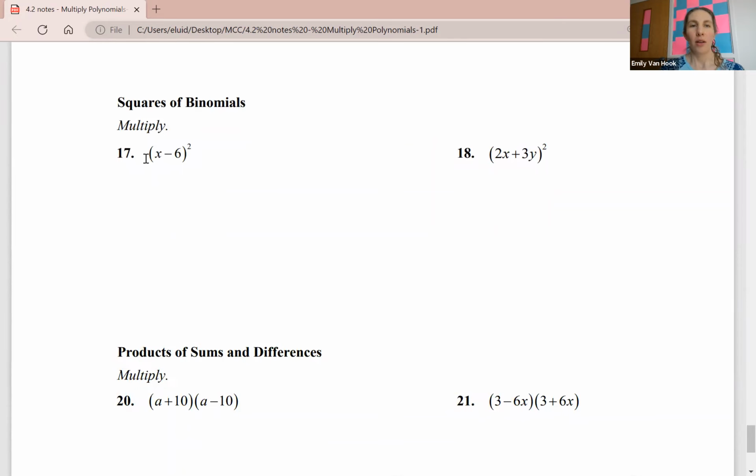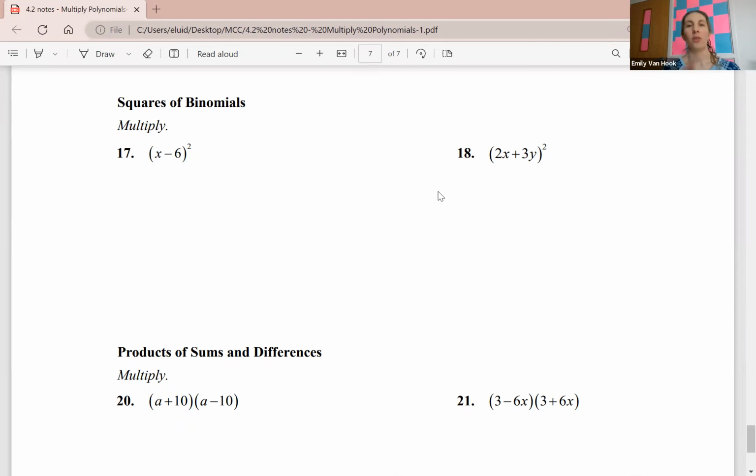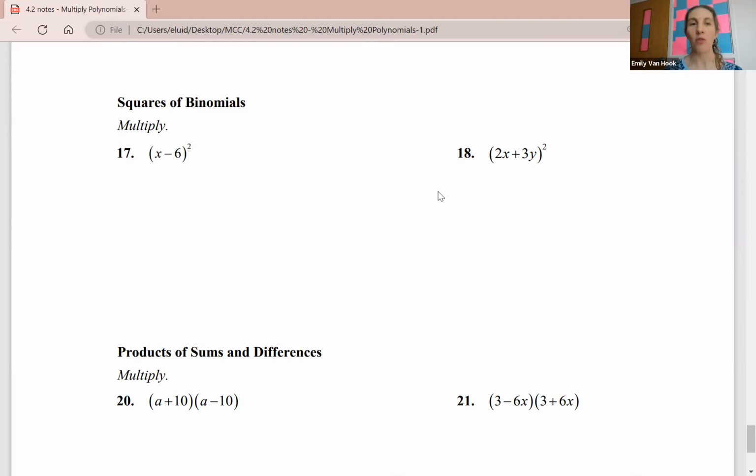So you see number 17 and 18, we're squaring binomials, x minus 6 squared, 2x plus 3y squared. So you can choose to use the formulas if you want to, or what might work best is if you just write the expression twice and then FOIL. So just a reminder, x minus 6 squared is not x squared minus 36.